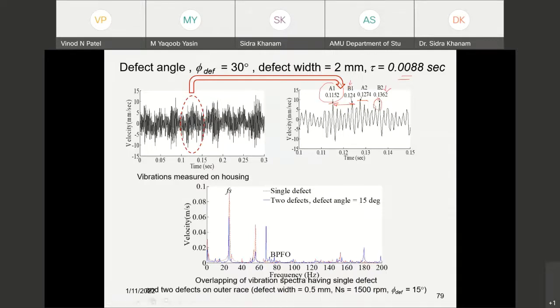But we have noticed that there is not much difference in the frequency domain, either for a single defect or multiple defects. Only the amplitude of the vibration will change. There is no change in frequency response. The frequency response for single or multiple defects almost remains the same. Only its amplitude will change.